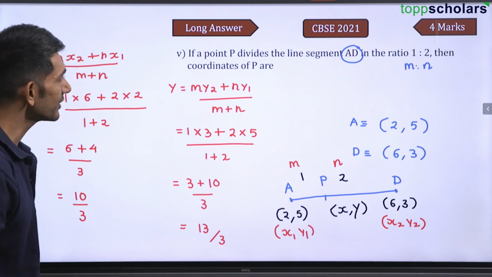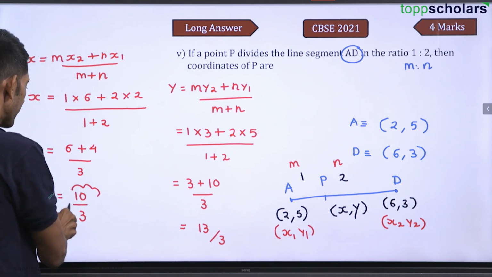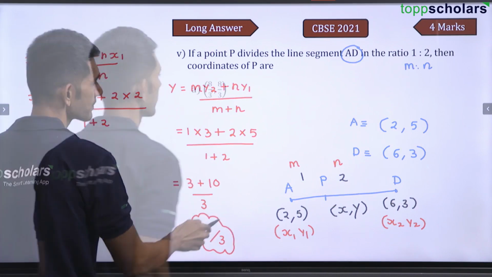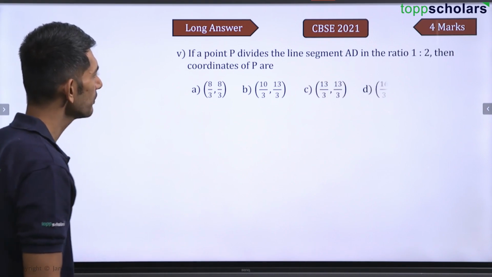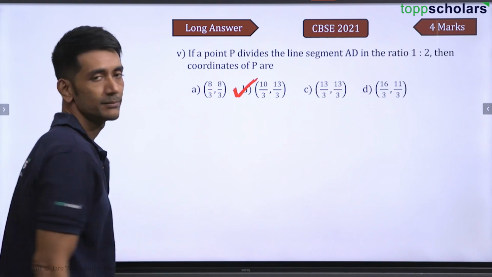So 10 by 3 and 13 by 3, shall we check them in the options? See once again, 10 by 3 and 13 by 3. Okay, we have option B, and that is definitely the correct option.